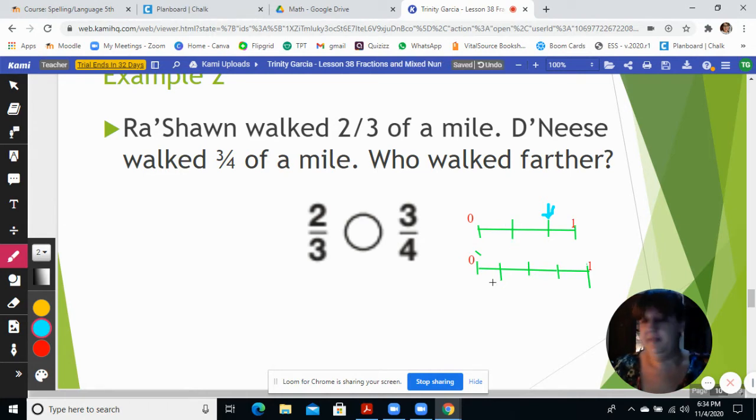But for 3/4, we need to move over 3 spaces. 1, 2, 3. So here is our number. Okay, and we can see that 3/4 is greater than 2/3. Okay, moving on.